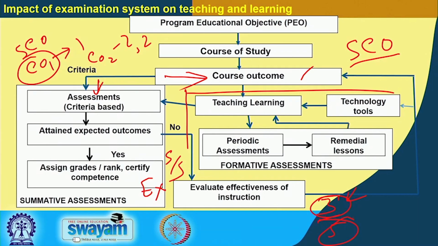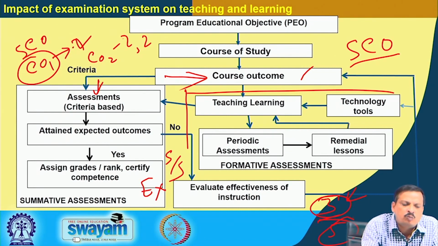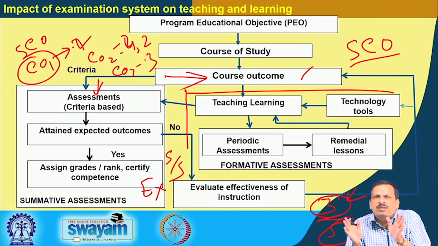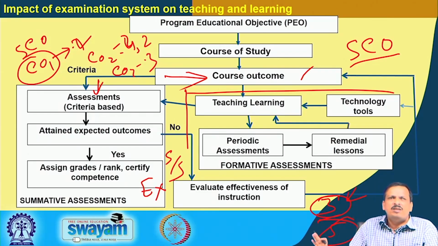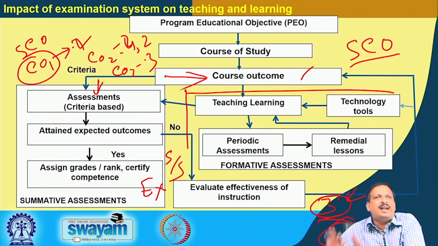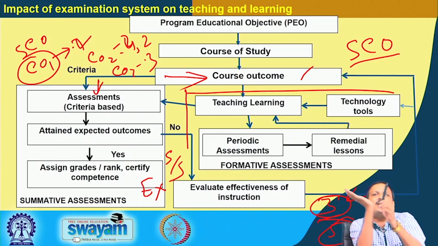So, I can say CO1 is assigned weight vector 0.2, CO2 is assigned 0.4, CO3 is assigned, let us say, 0.3. Like that, the total weight will be 1, and then I can calculate the attainment level and assign the grade. Because in Washington Accord or NBA guidelines, there are only 2 dimensions that a CO can change.